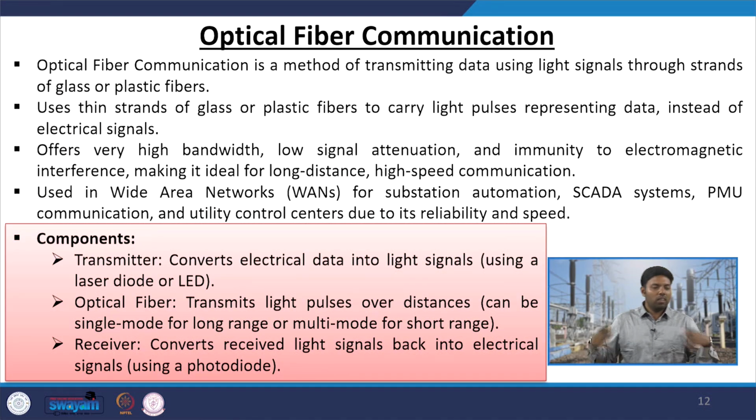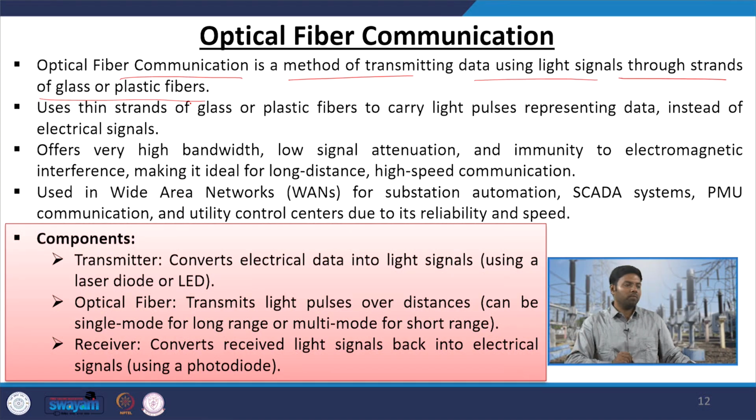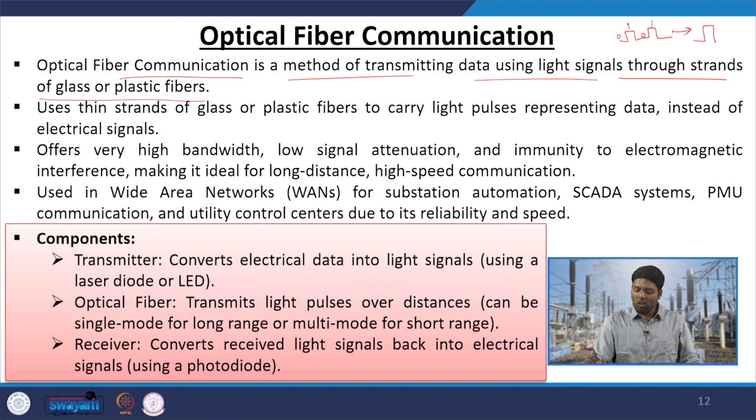Then the next wired medium, that is your optical fiber. Optical fiber communication is a method of transmitting data using light signals through strands of glass or plastic fibers. So, there you are using light depending upon your 0101, you can make it on off on off.